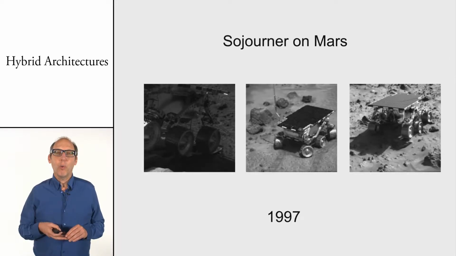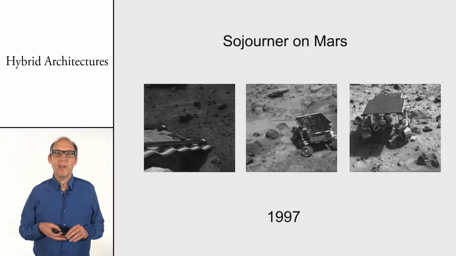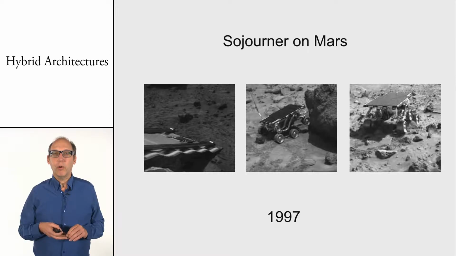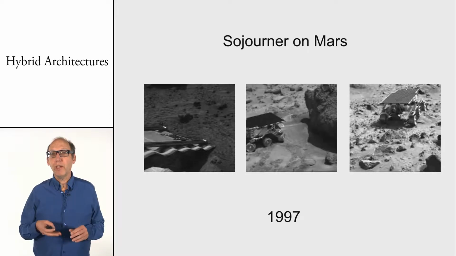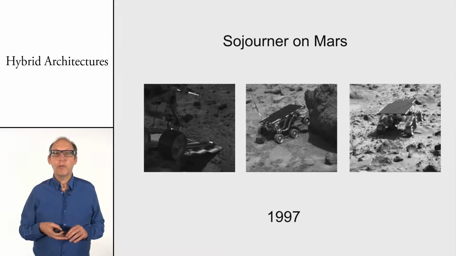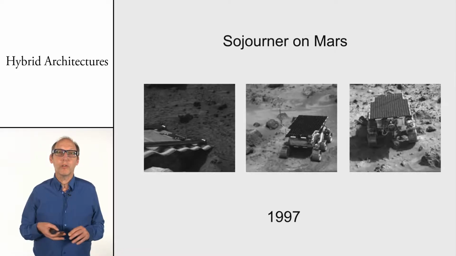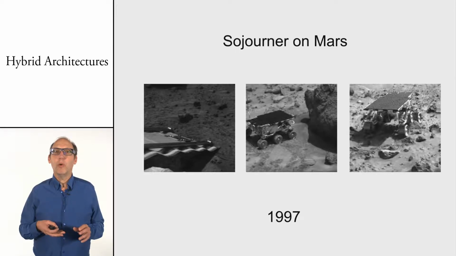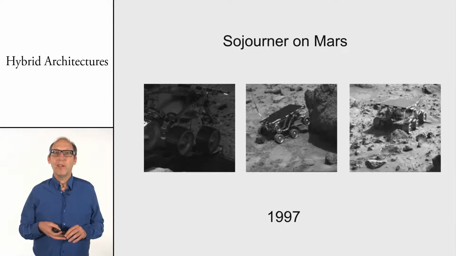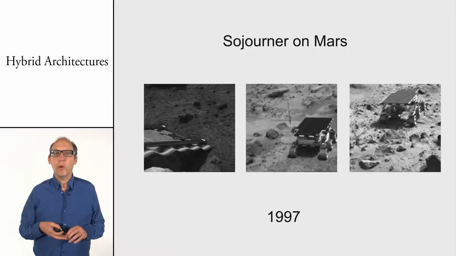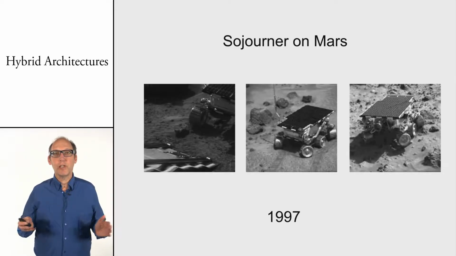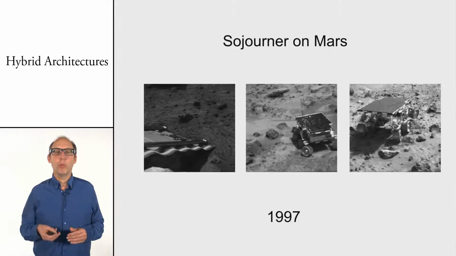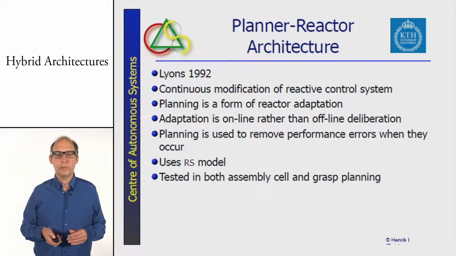So in the beginning, they only traveled 5 meters a day. In the end, they traveled 5 times as far, because based on experience, they trusted the robot more and more to explore on its own. And that's the nice thing about the hybrid approach, that you can give more and more autonomy to the robot.